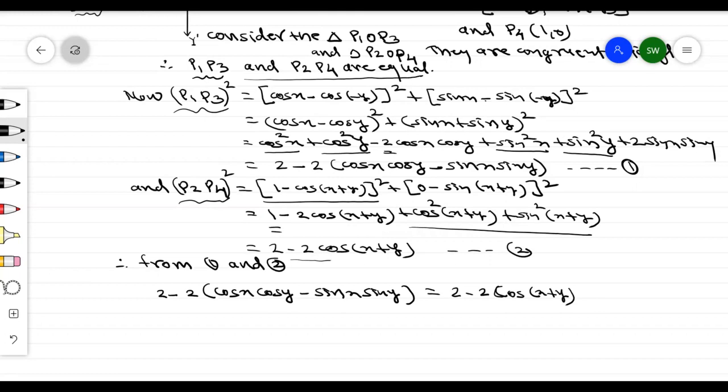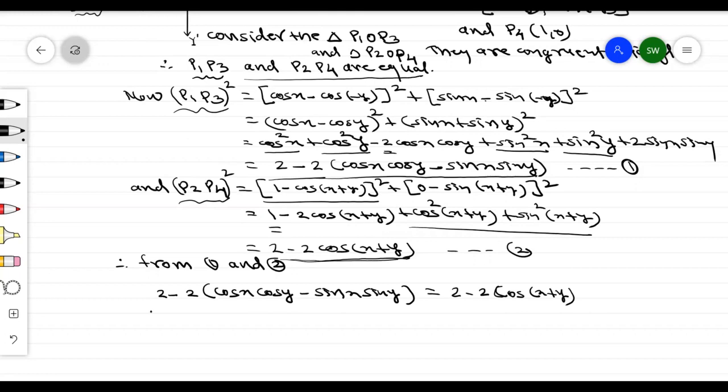This is the right hand side of 1, which will be equal to the right hand side of 2, because left hand sides are equal.